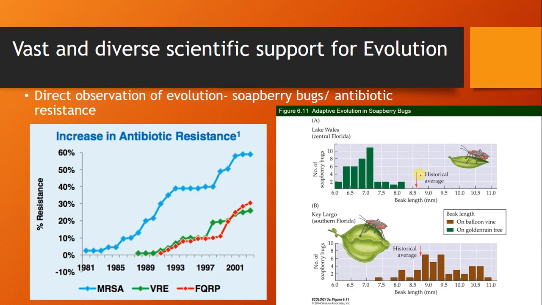Here's the average for the long-beaked bugs, and the short-beaked bugs' average is much, much shorter. They don't need a long beak. It's actually harmful for them to have a long beak to get nutrients out of the small fruit. So those are cases of observable evolution within just a few lifetimes.